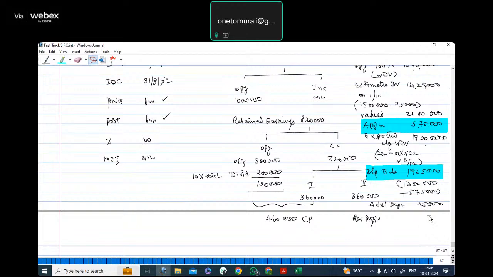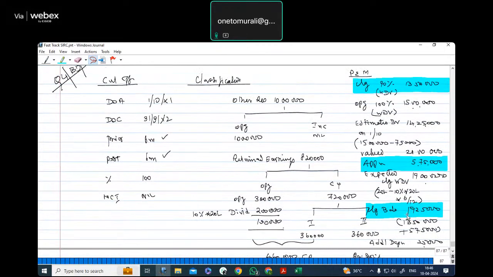So let me repeat. Your closing plant and machinery is 13 lakhs and 50,000. The opening is expected to be 100% by taking 90% as the WDV, where the depreciation charge is 10%. So 15 lakhs would have been the opening there.